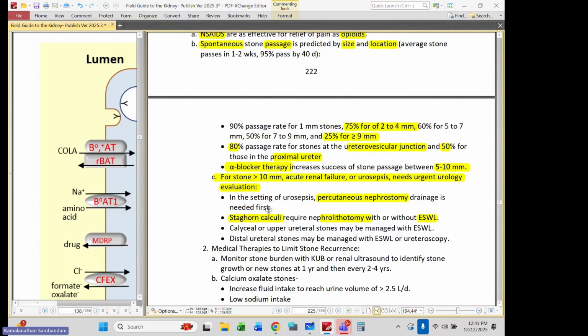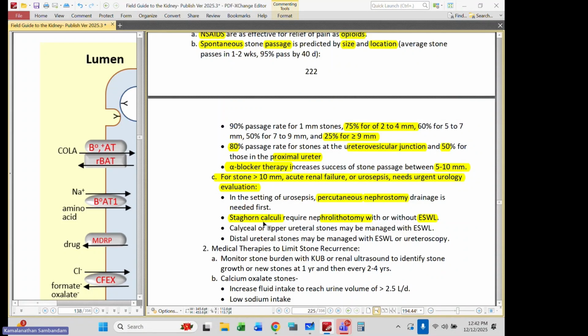Struvite stones, you really need to clean them out. Having stone fragments, because they're often infected fragments, puts them at risk for chronic colonization by that urease expressing bacteria. As soon as you stop the antibiotics, bacterial overgrowth recurs, urease expression increases, and then they form their next struvite stone.